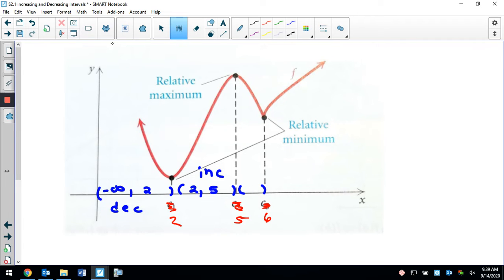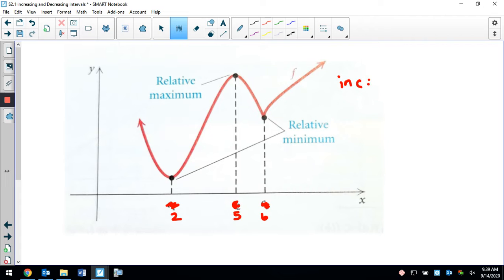Let's go ahead and make a list, shall we? 2, 5, and 6. So increasing, where is it increasing from? From 2 to 5, as well as it's increasing from 6 to infinity.